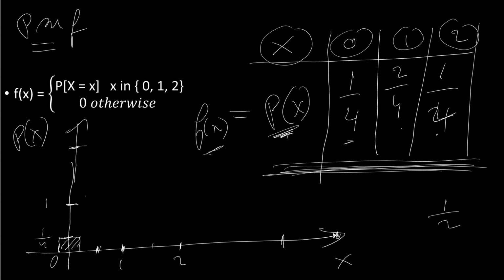So again at 2, this is 2. I'm just going to draw another box like this. And the last one is 2/4, which is 1/2. So it's somewhere here. 1/2 is somewhere here. So for 1, it's going to be something like this, right?